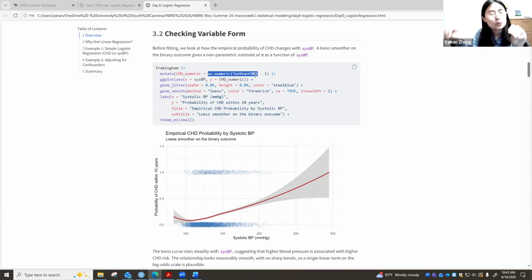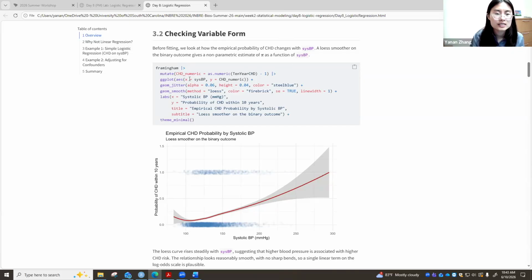But we want 0 and 1. So if we subtract 1 from both 1 and 2, we'll get 0 and 1. So that's what we want, right? So by doing this, we recode the outcome as 0 and 1, right? 0 meaning no disease, 1 meaning with the disease. Okay, this is this step.